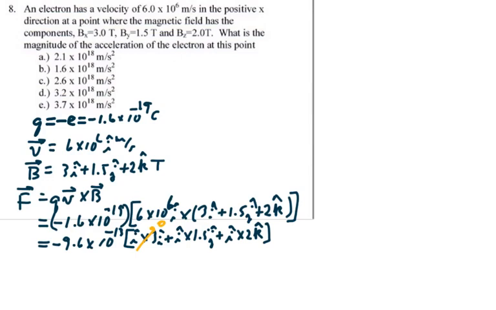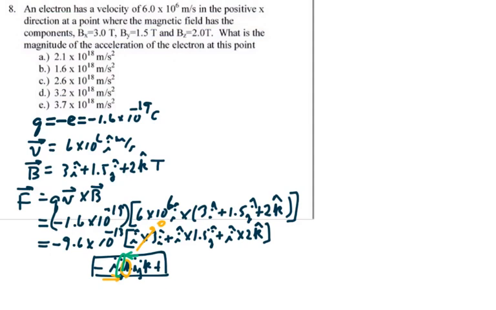And if we look at our mnemonic device, where i, j, k, plus, negative. If we have i crossed with j, we're going to end up with positive k. And if we have i crossed with k, we're going to end up with negative j.